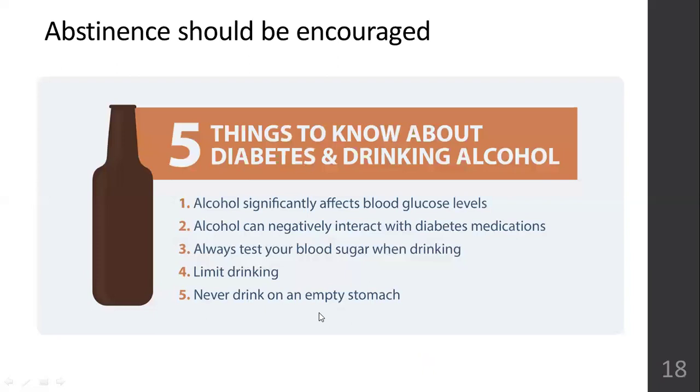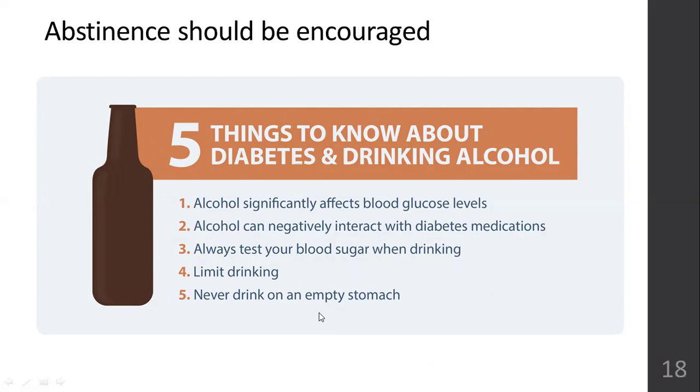So about alcohol, avoid alcohol. It significantly increases your blood glucose level. If there is any diabetic person who consumes alcohol, try to avoid it. It can negatively interact with diabetes medications as well, like metformin. And always test your blood sugar level when drinking.